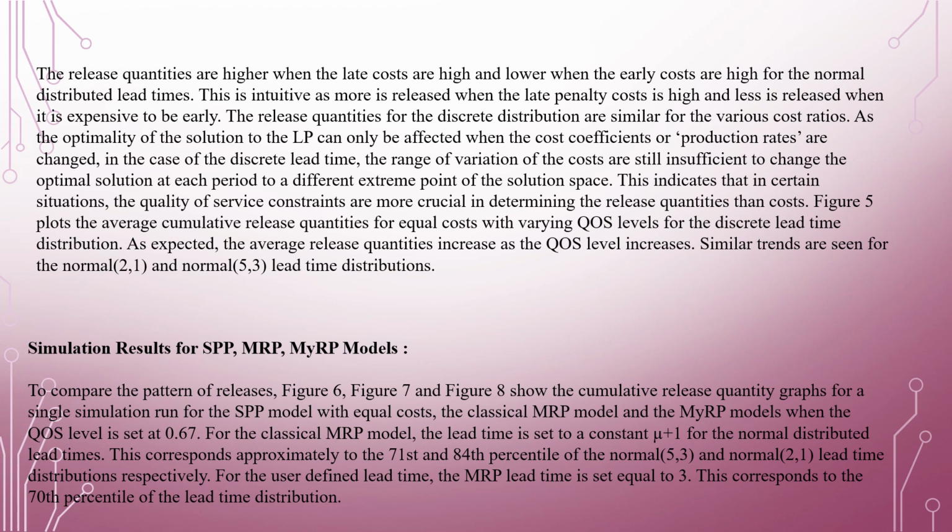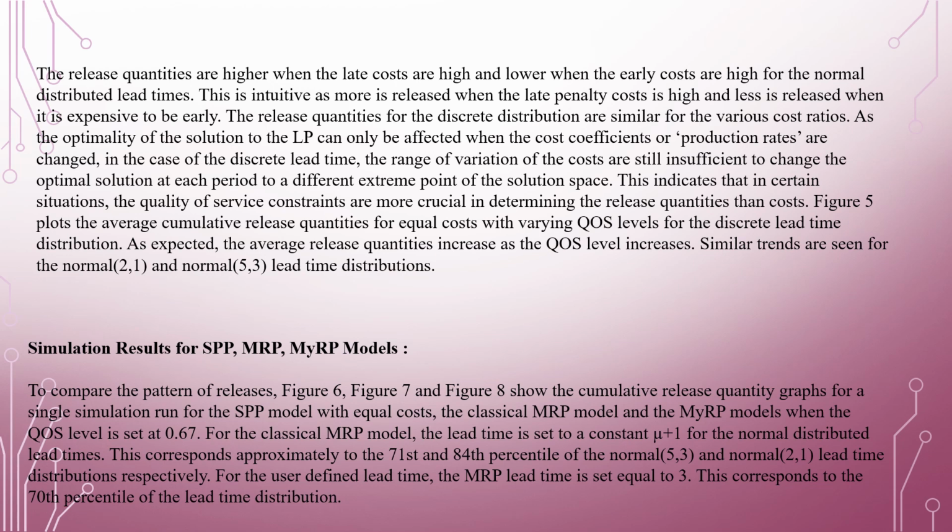To compare the pattern of releases, figures 6, 7 and 8 show the cumulative release quantity graphs for a single simulation run for the SPP model with equal costs, the classical MRP model and the MYRP model, when the QoS level is set as 0.67. For the classical MRP model, the lead time is set to constant, that is mu plus 1 for the normal distributed lead times.